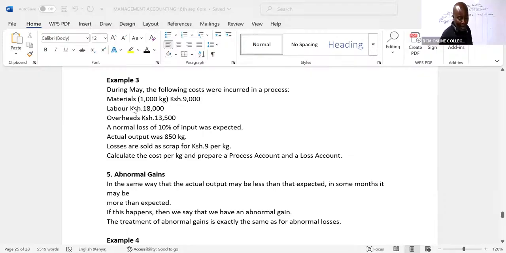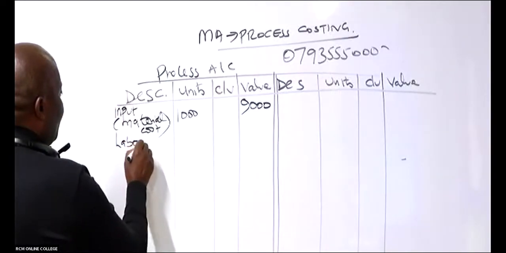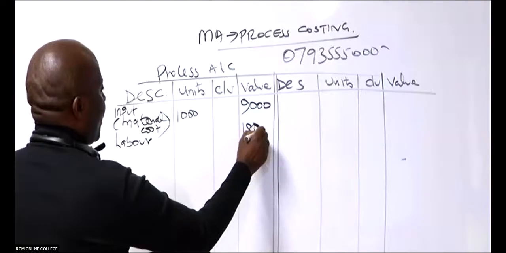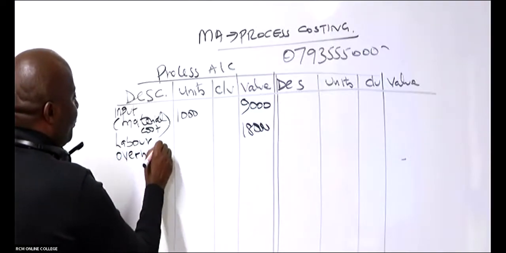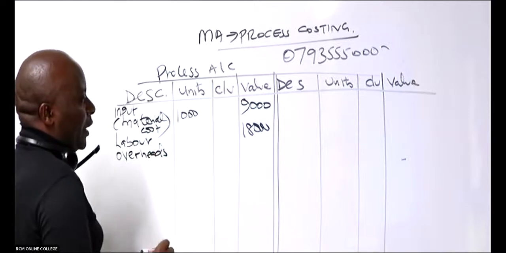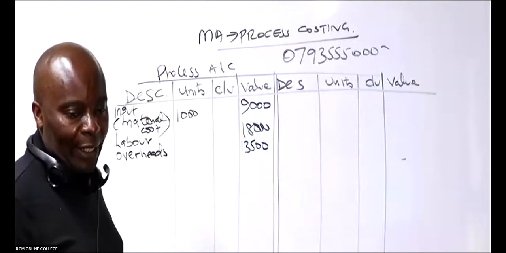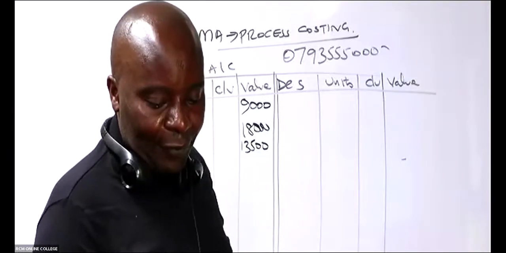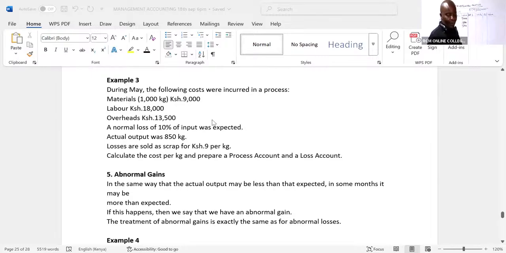So you can see labor is 18,000, and then we have overheads, 13,500. Yeah, great.